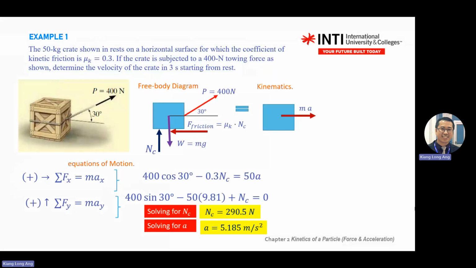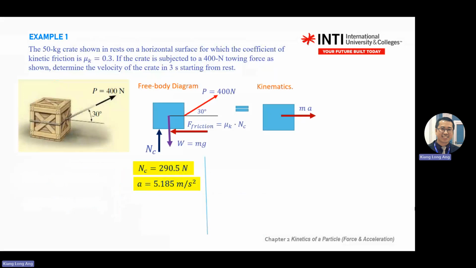Next, he asks you about velocity. If I ask you about velocity, in this case, your acceleration is constant. So when the acceleration is constant in chapter 1, you have three equations you can use. V equals something, V squared equal to something, delta S equal to something.